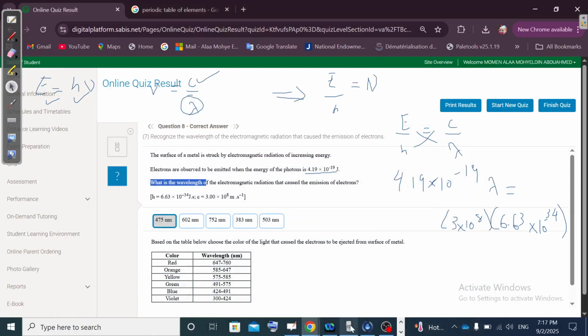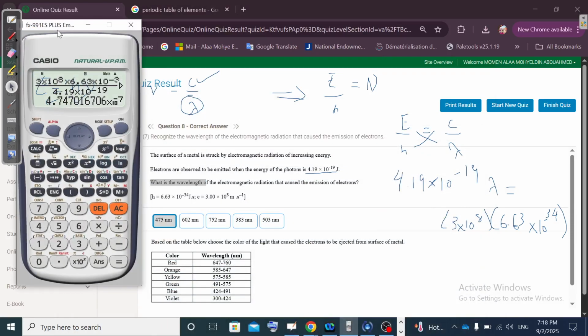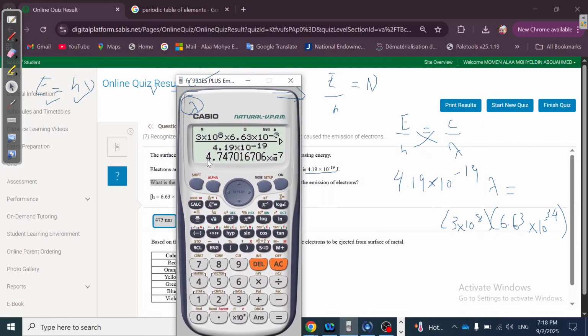I solved it before. Plugging it into the calculator, you get 4.75 times 10 to the minus 7 meters. But to get it in nanometers, you should get 10 to the power of minus 9. How do I get minus 9? I move it 2 decimal places forward. So I get 475 nanometers.